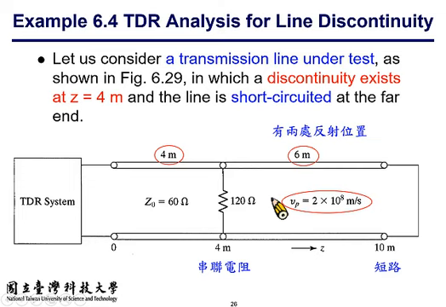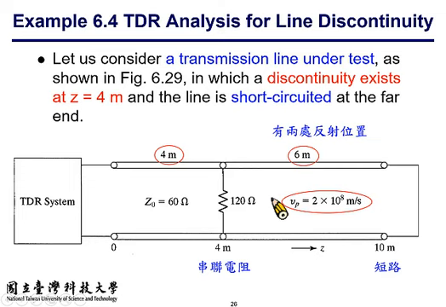For this example, the characteristic impedance of the line is 60 ohm, and the total length of the line is 10 meter, with the propagation velocity as 2 times 10 to the 8th. And we know that the right end of the transmission line is terminated with a short.